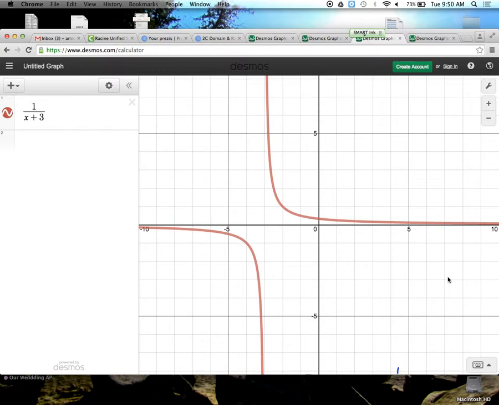Should look something like what I got up there. If you need help with whatever you're using, whether it's decimals or a graphing calculator, just let me know.